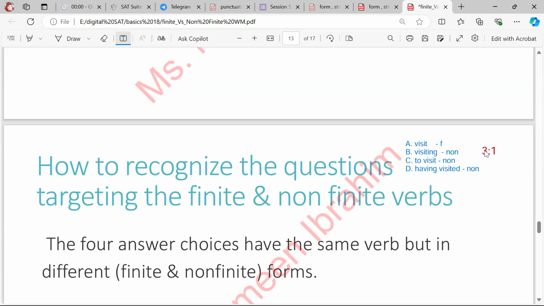Sometimes we apply the hack of 3 to 1 with this type of question. It means that when you find three non-finite verbs and only one finite verb, the finite verb is likely to be the right answer. You can apply this hack about 80% of the time. Sometimes the SAT can trick you, but you have to make sure that your answer makes sense.